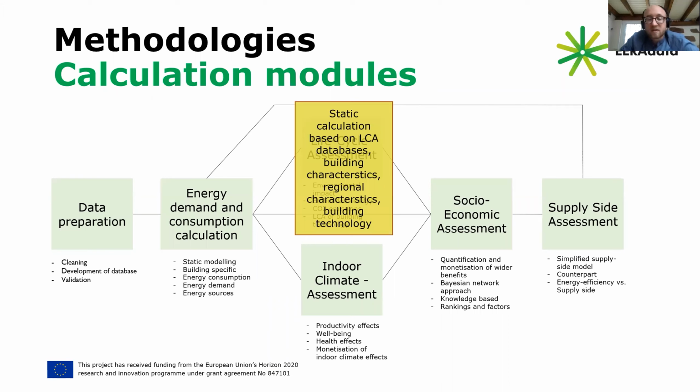Based on this energy demand and the data we get, we perform LCA, life cycle assessment on the building. For example, on the materials, especially on the building technology. So how much resources do we need to renew the building technology? And isn't it better to leave it there, or how big is the effect of new construction compared to a renovation? So these are the topics that are discussed here.